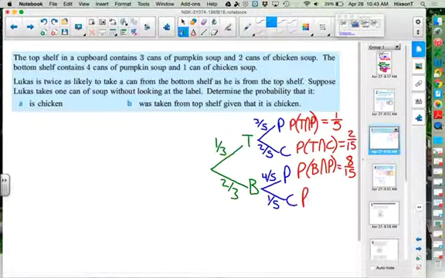The probability of the bottom and chicken, 2 out of 15. So 1/5 is 3/15. 3 plus 2 is 5, plus 8 is 13, plus 2 more is 15 out of 15. So all of these have to add up to 100%.